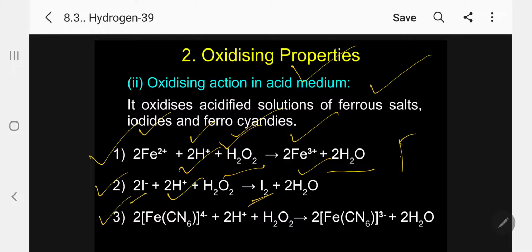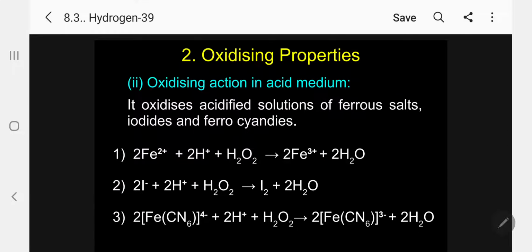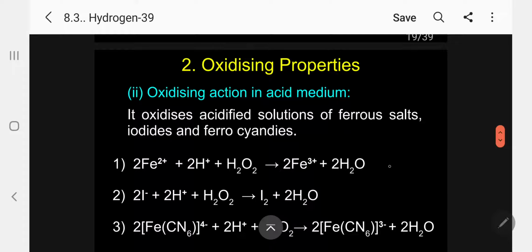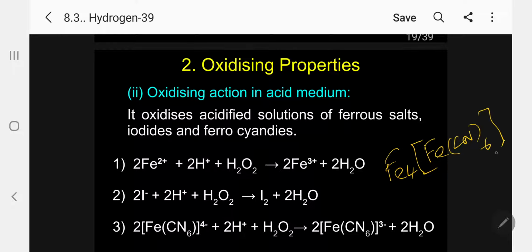Ferrocyanide, actually, ferrocyanide means [Fe(CN)6], and this is the actual reaction. So [Fe(CN)6]4-, kindly follow this one.